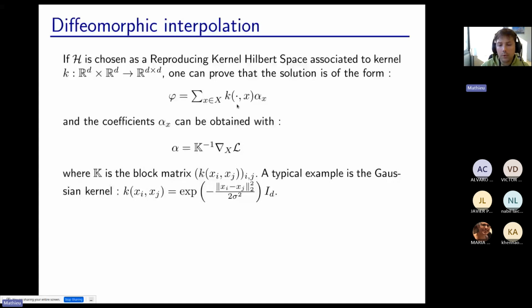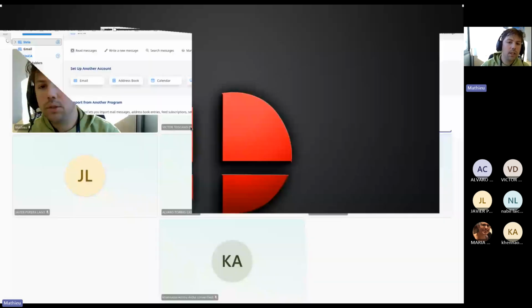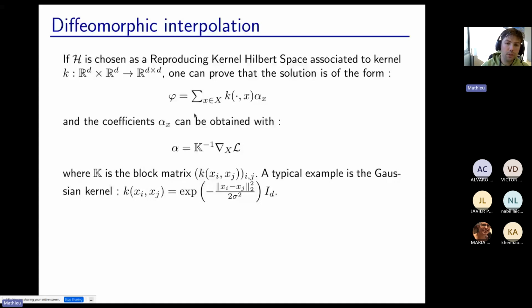If you have no idea what to use, the standard choice most of the time is the Gaussian kernel. So if you give me two points, I will compute the distance between them, and I will compute the identity matrix with a Gaussian function on the diagonal. This is a very standard choice. And now that you've defined a kernel, you can solve for the coefficients.